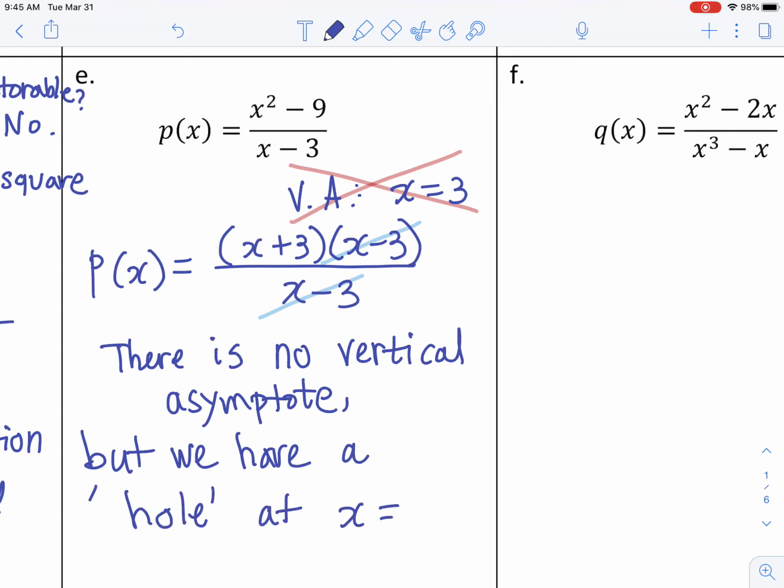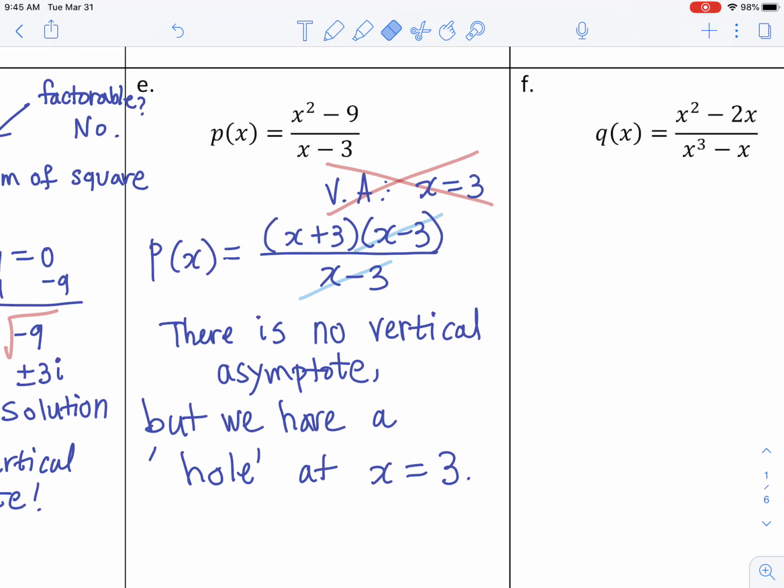We're not going to have a vertical asymptote here because the factor that would make the denominator 0 just canceled out. So let's graph this function, P of x, and I'll show you why this makes sense, okay? I tend to forget things easily, so I'm going to take a picture of that so that I can go to my Desmos app.